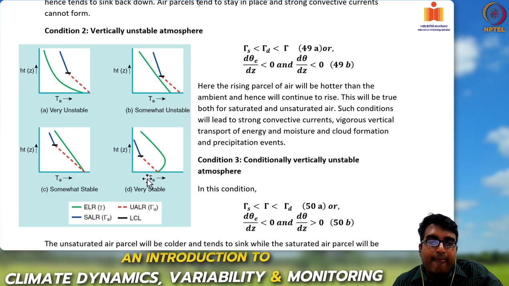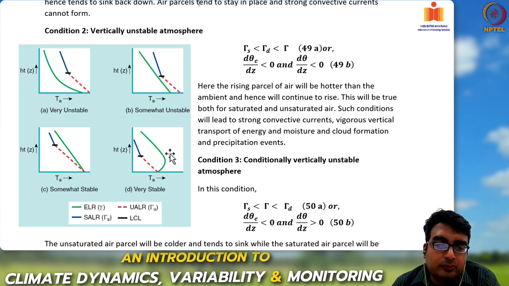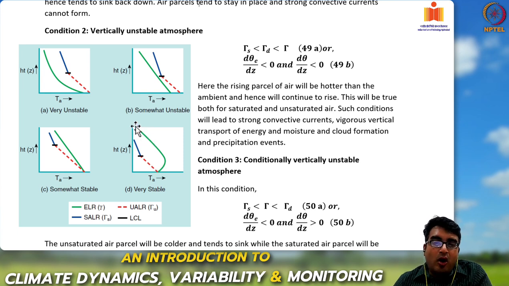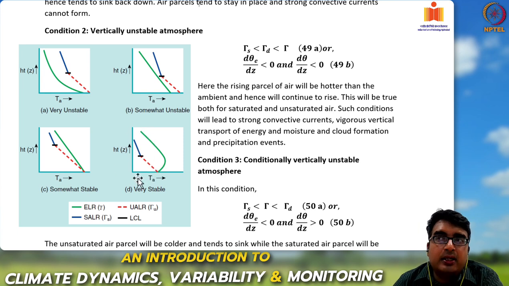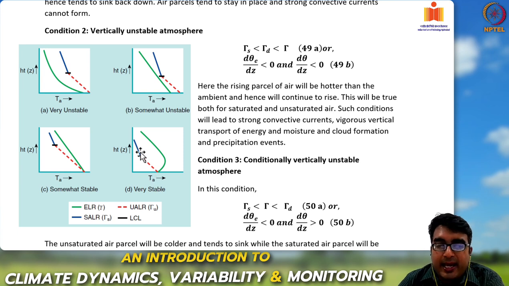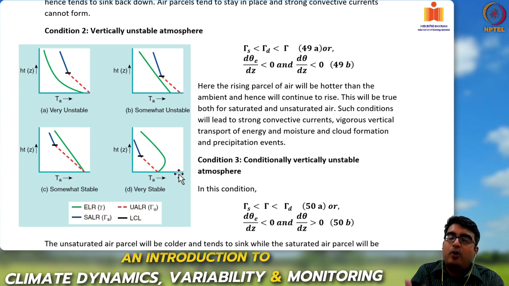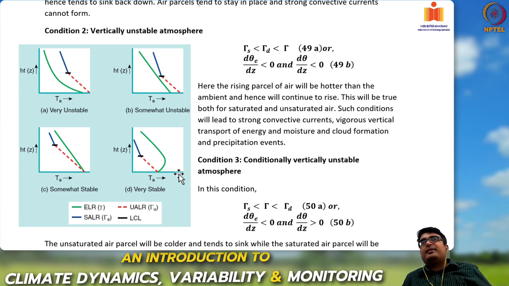And you can see that this is a very stable condition, because in all cases the temperature of the air moving upwards is less than the environmental temperature. Okay. So you have a very stable condition. Both for moist and for dry air, the rising air parcel will be cooler than the surroundings and hence will tend to sink back down.